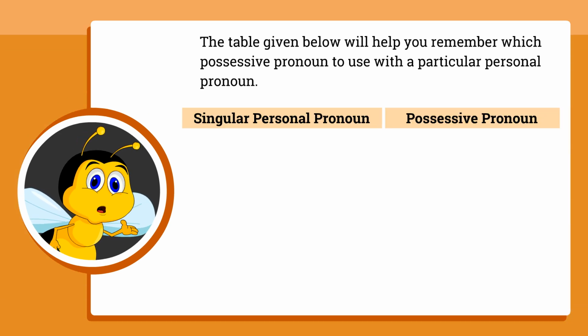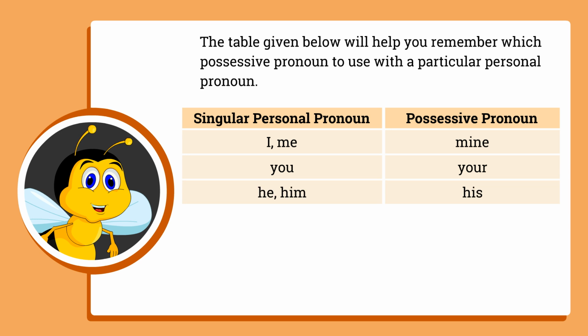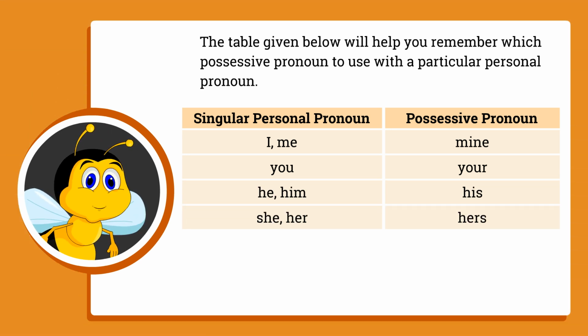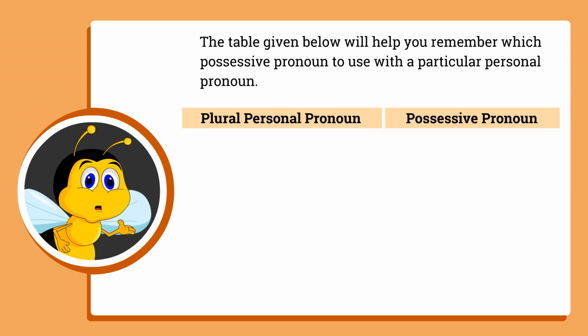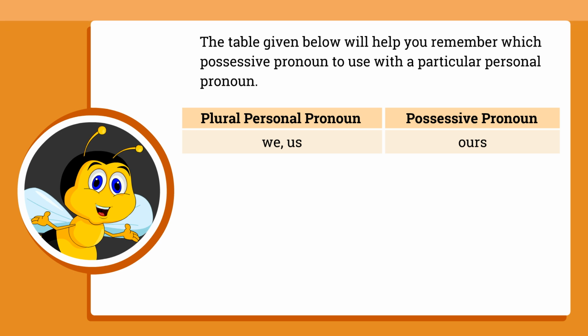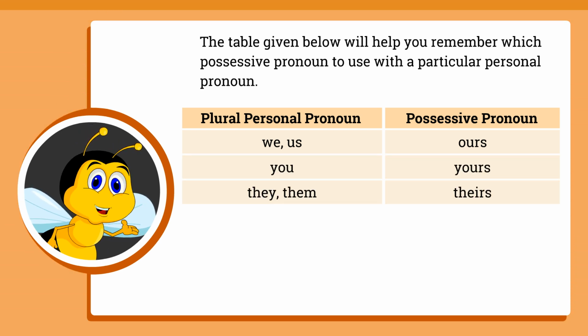Singular personal pronoun, possessive pronoun: I, me, mine; you, your; he, him, his; she, her, hers. Plural personal pronoun, possessive pronoun: we, us, ours; you, yours; they, them, theirs.